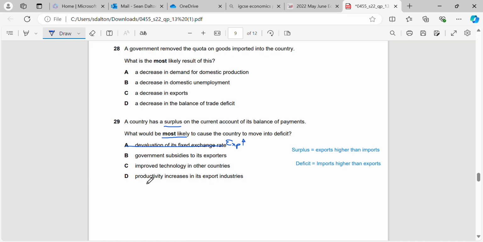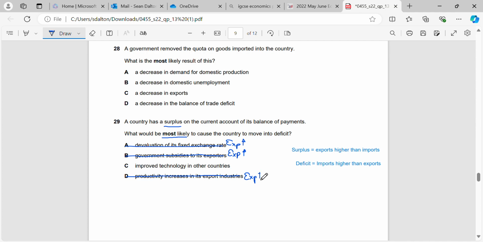If we were to give subsidies to the exporters, again, the exports would go up, and we can see from the right hand side that our existing surplus would increase. If we were to have productivity increases in the export industries, exact same as the other, the exports would increase, so it would just increase the surplus, not create a deficit.